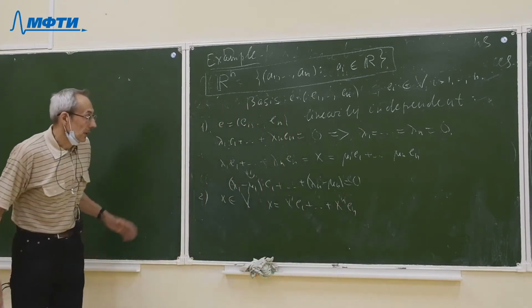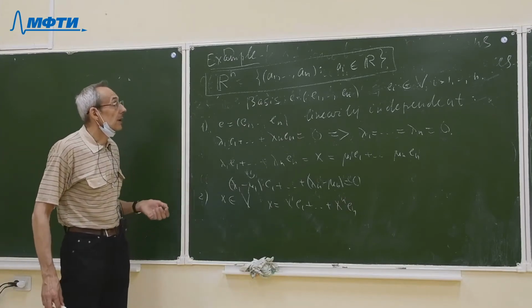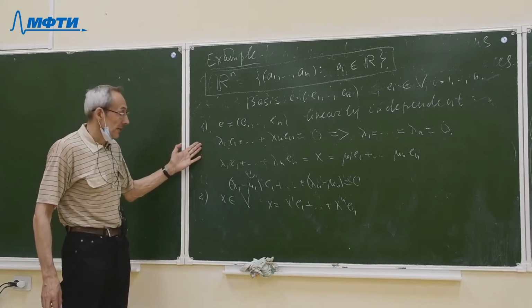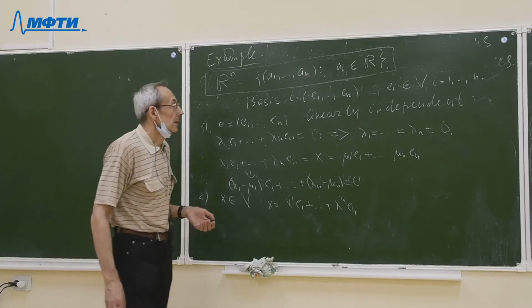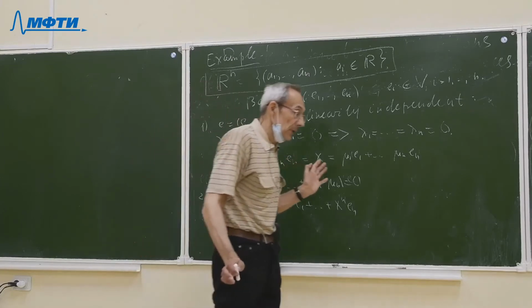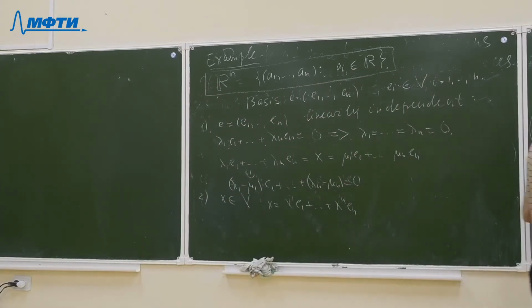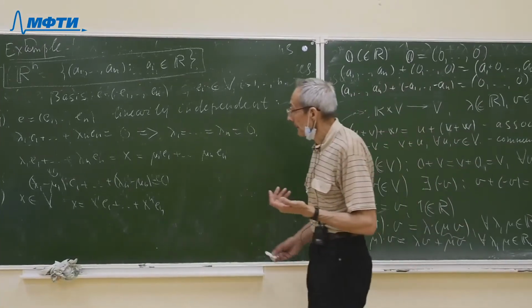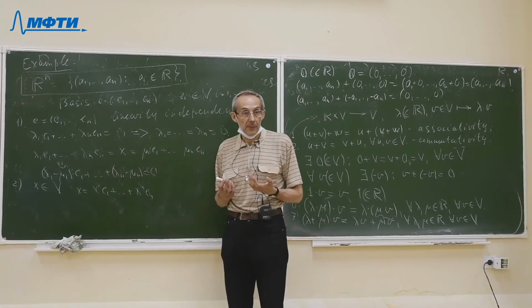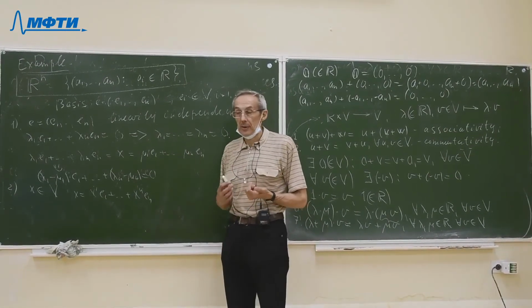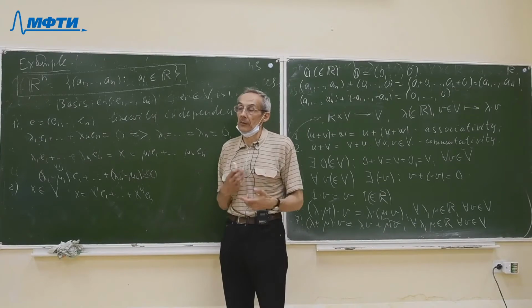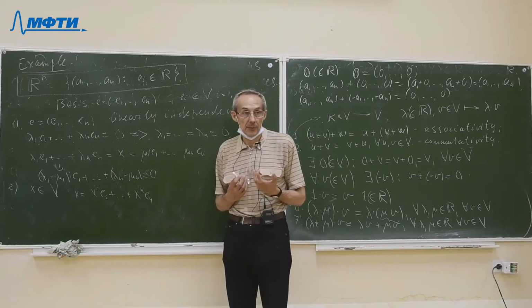If a set of vectors has these two properties, this set of vectors is called a basis in the vector space. Easy to see that the basis is not unique, but the main observation is that the number of vectors in any basis is the same, and this number of vectors in the basis is called the dimension.